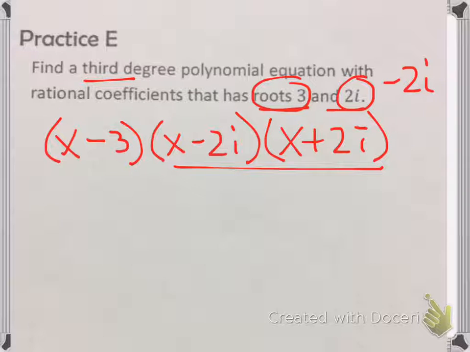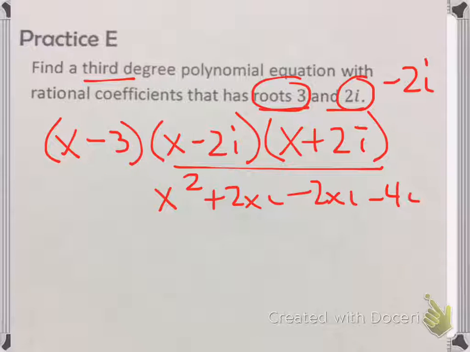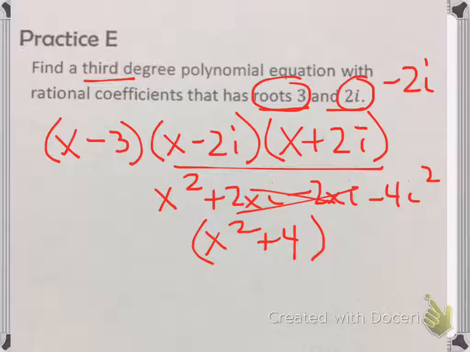I'm going to multiply those out. I will always do this first, so I'm going to get x squared plus 2xi minus 2xi, and then minus 4i squared. Middle terms cancel. I get x squared plus 4 because that i squared down there changes to a negative 1. So negative 1 times negative 4 is a positive 4.